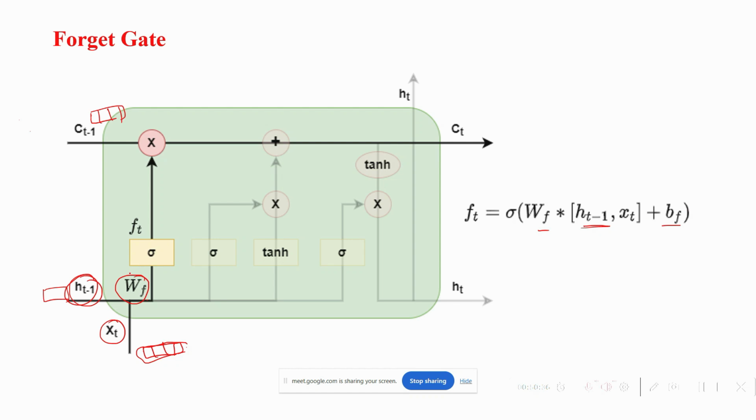After that, the result is given to the sigmoid. Based on the present word, we have to identify whether it is important or not.